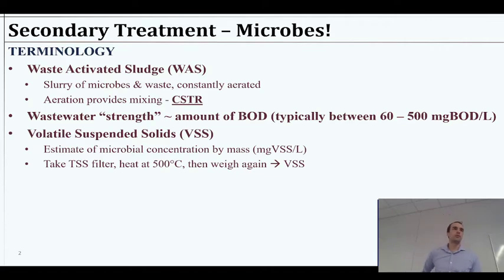Typically, our wastewater strength will be somewhere between 50 to 60 milligrams BOD per liter, up to about 500 milligrams BOD per liter. Those are kind of typical values. If you get below this, then perhaps why even treat it as wastewater? Your bacteria might not grow particularly well.